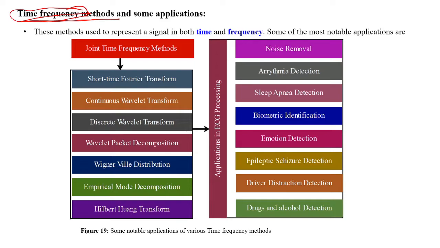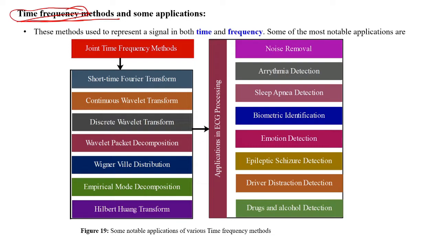Okay, over there I then talked about the short time Fourier transform, and I told you about the continuous wavelet transform, discrete wavelet transform, wavelet packet decomposition, Wigner-Ville distribution, then empirical mode decomposition, and Hilbert-Huang transform. They are some of the important joint time frequency transforms.